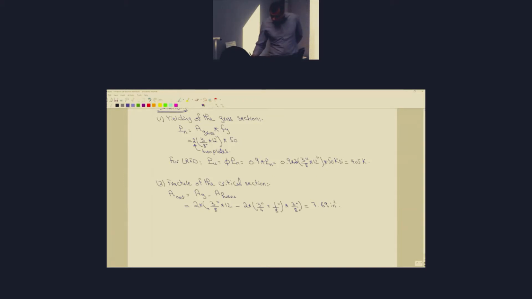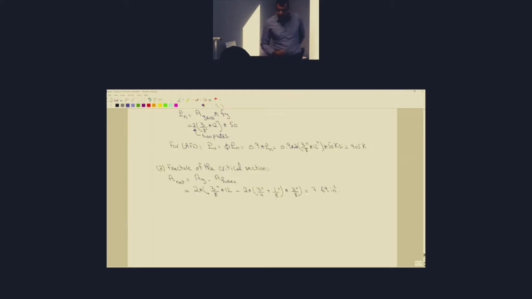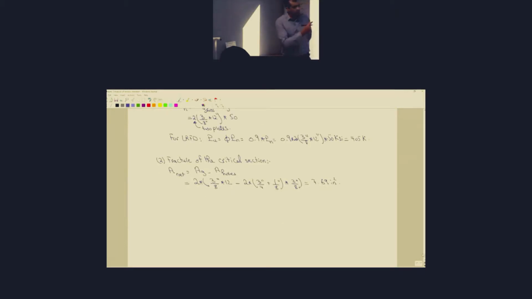So now comes the check, okay? This is the only new thing in this problem, okay? You have to check that this net area is greater than 0.85 of the gross area. So how much is 0.85 of the gross area? It's 0.85 multiplied by the gross area of the 2 plates. So it's 2 multiplied by 3/8 of an inch multiplied by the 12 inches.